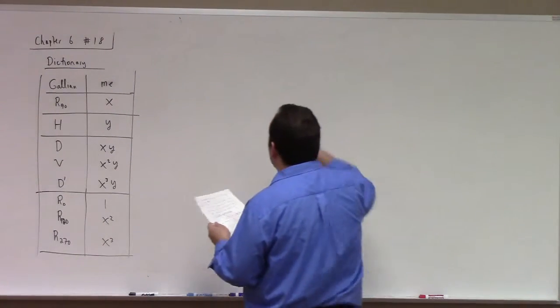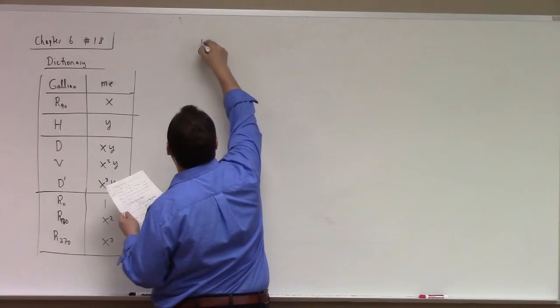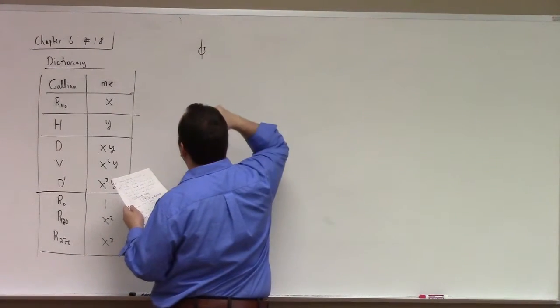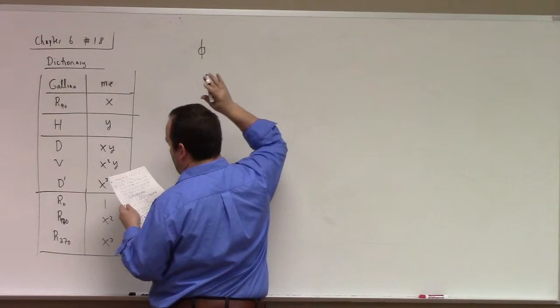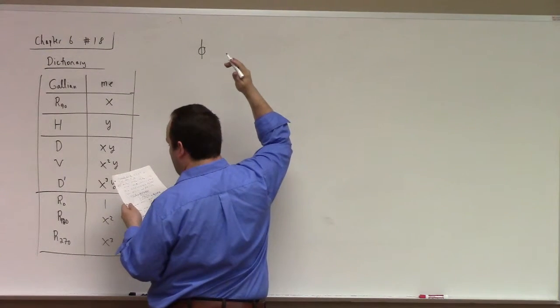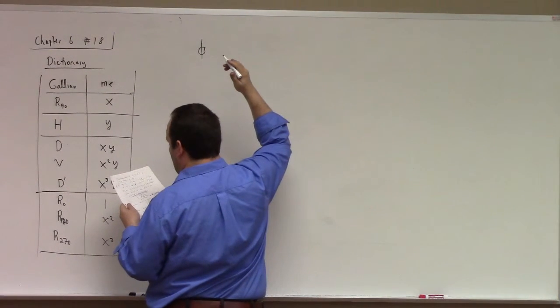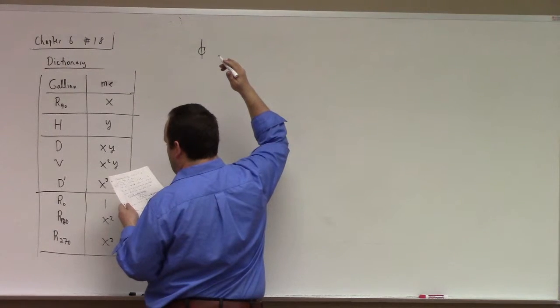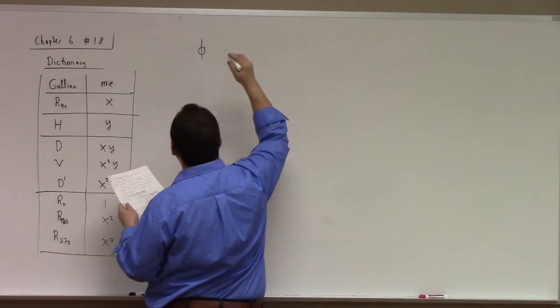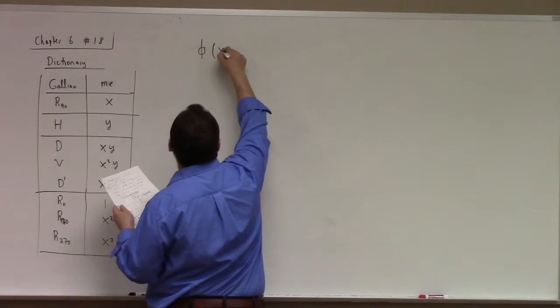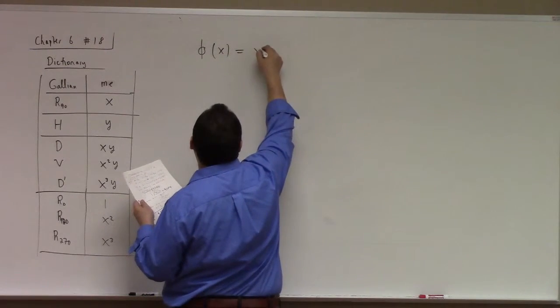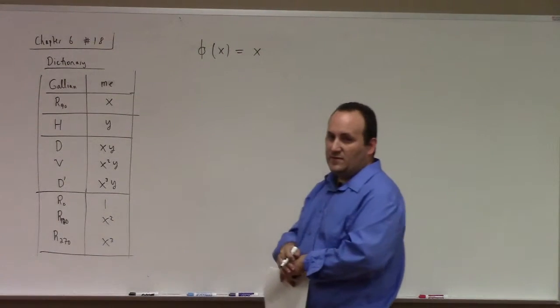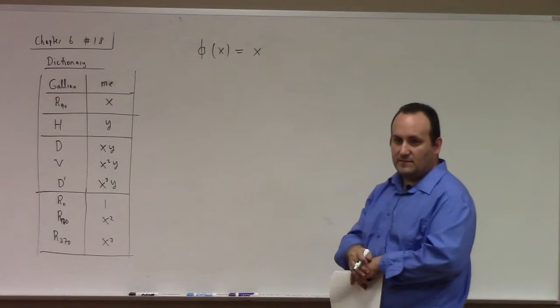Now he tells us that this automorphism, rather, is an isomorphism from D4 to D4. What's it do? He tells us two things, right? In problem 18, he tells us that R90 maps to R90, which in my language means phi of x is x, right?